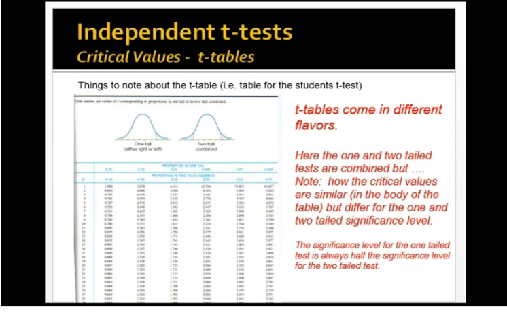So you can find some tables where they will just lump these right on top of each other. The two-tailed test is just double the probability of the one-tailed test, right? So the critical value for the 0.05 one-tailed test for given degrees of freedom is going to be the same as the two-tailed test for 0.1 instead of 0.05, so double that probability.